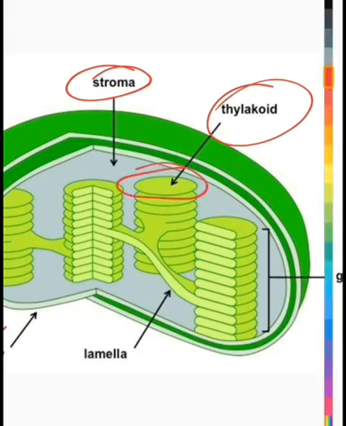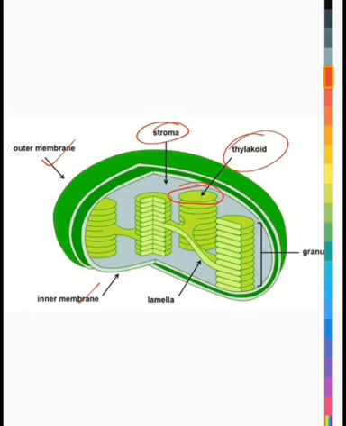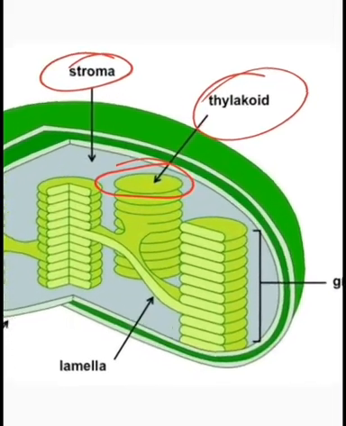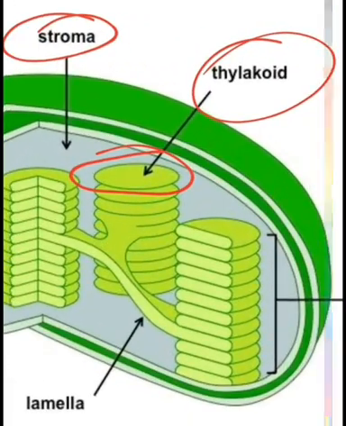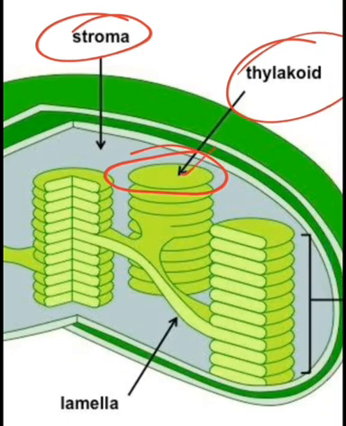Each one of them is known as a thylakoid, and they are the actual structures where the process of photosynthesis takes place. So this one is a thylakoid, this one is a thylakoid, this is another thylakoid.